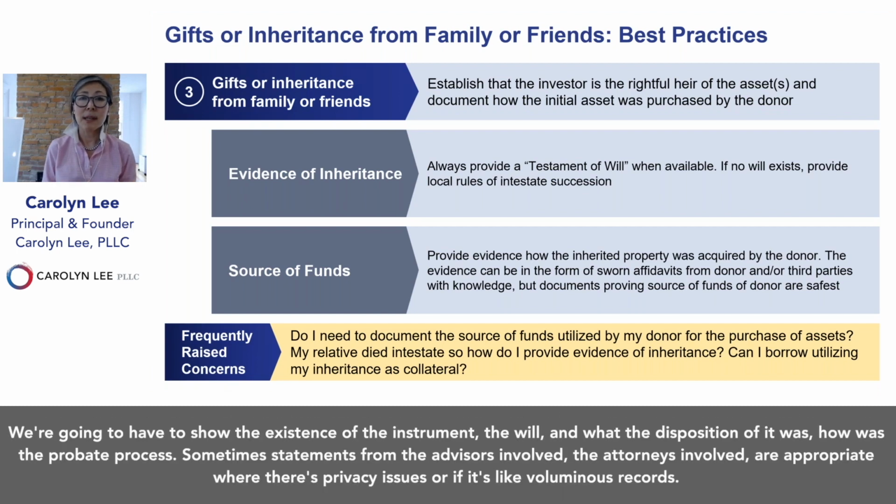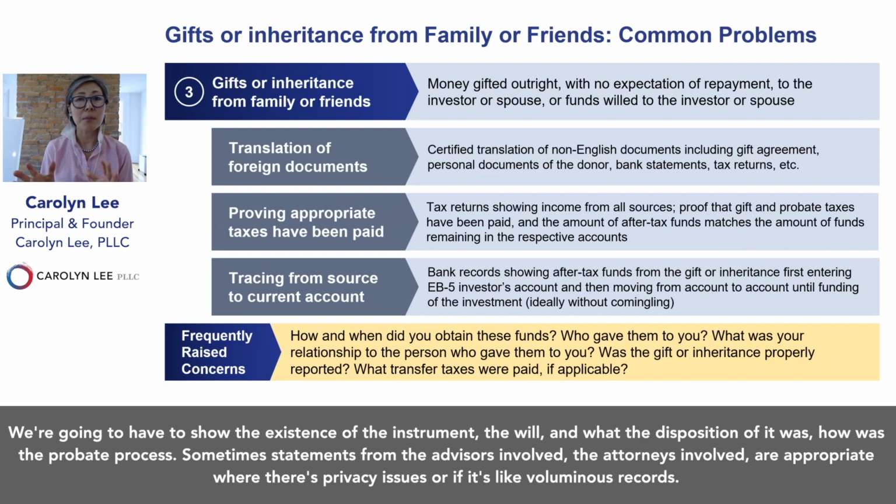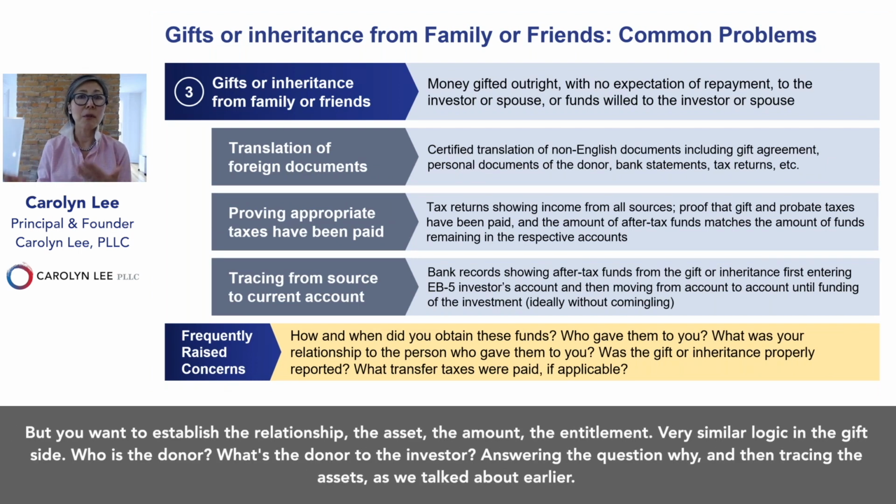We're going to have to show the existence of the instrument, the will, what the disposition was, and the probate process. Sometimes statements from the advisors involved, the attorneys involved, are appropriate where there's privacy issues or if it's voluminous records. But you want to establish the relationship, the asset, the amount, the entitlement.